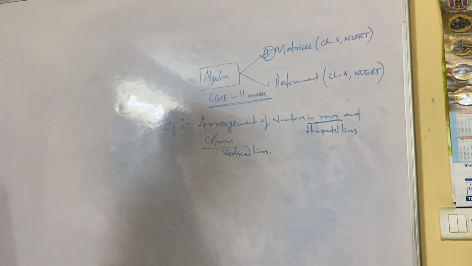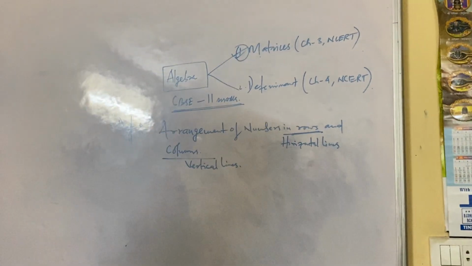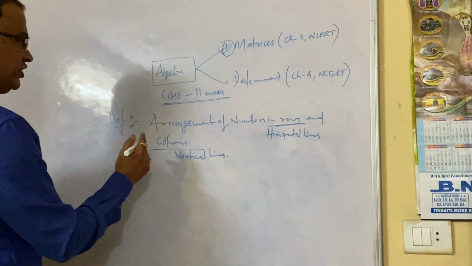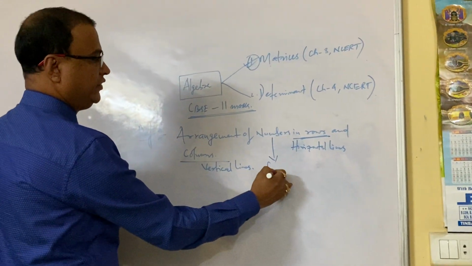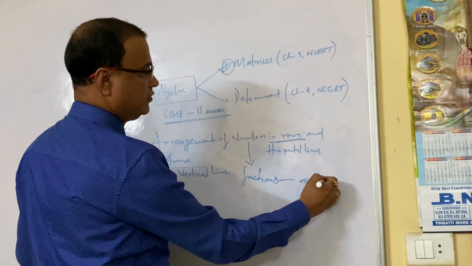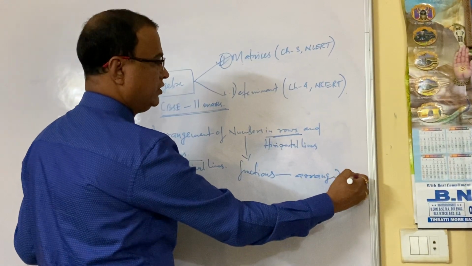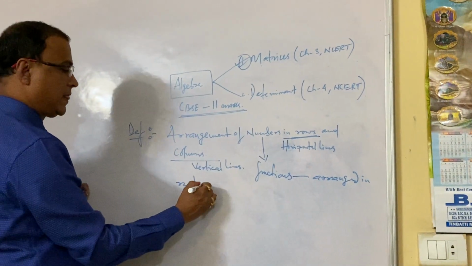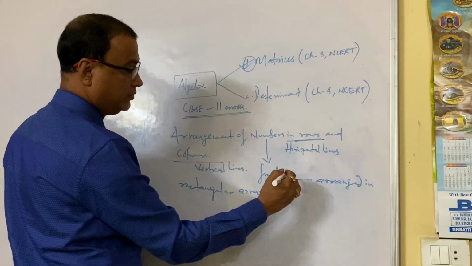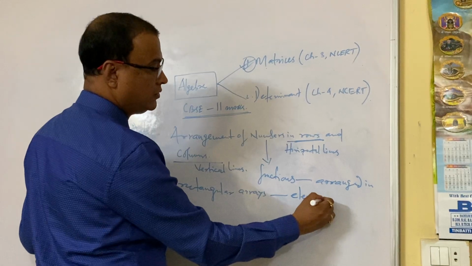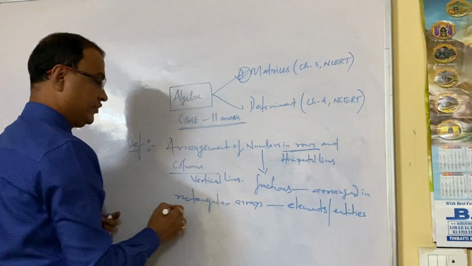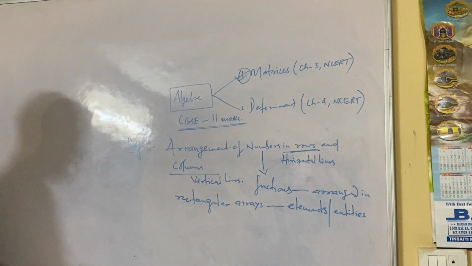These numbers or functions which are arranged in the rectangular array are called the elements or the entries of a matrix.